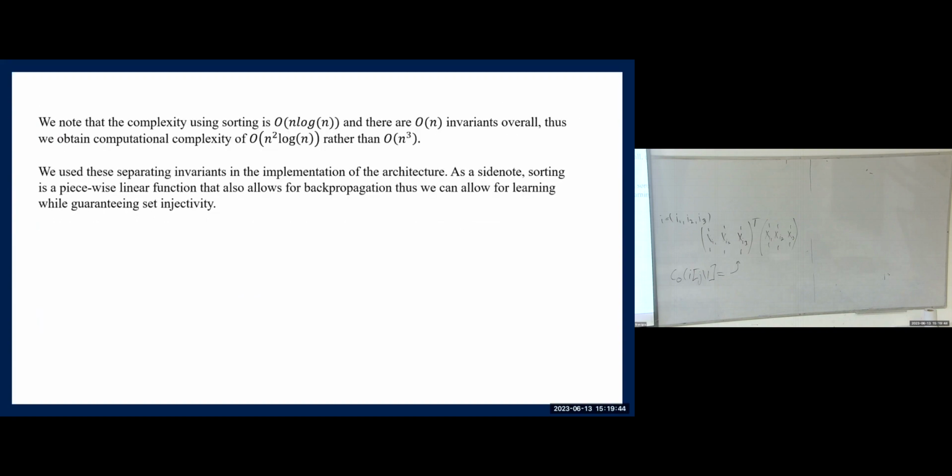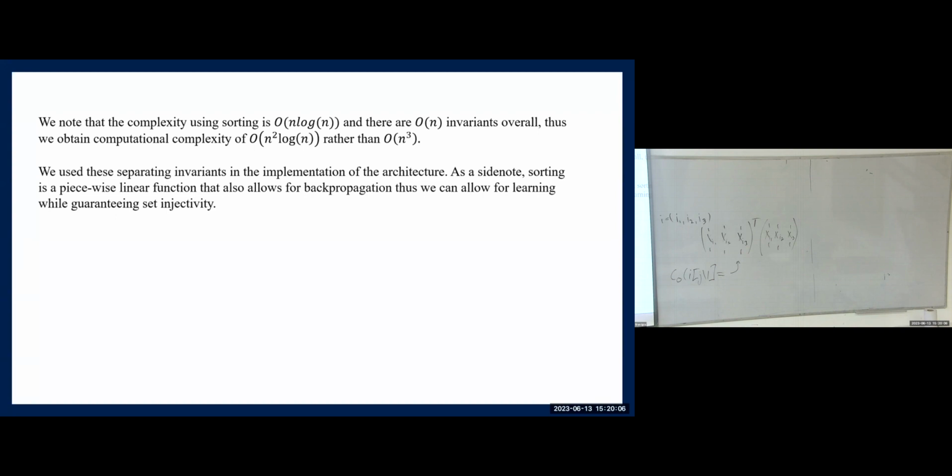Earlier it was O(n^3). Sorting is widely known to have complexity n log n, and we have to compute sorting for 6n plus 1 vectors. We also have O(n) invariants.